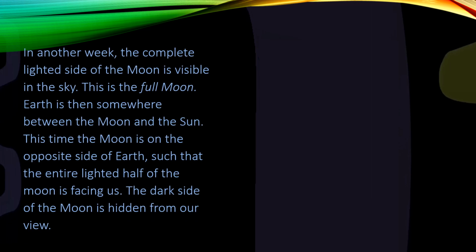In another week, the complete lighted side of the moon is visible in the sky. This is the full moon. Earth is somewhere between the moon and the sun. This time the moon is on the opposite side of the Earth, such that the entire lighted half of the moon is facing toward us. The dark side of the moon is hidden from our view.